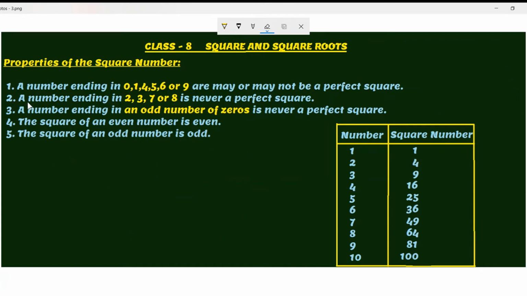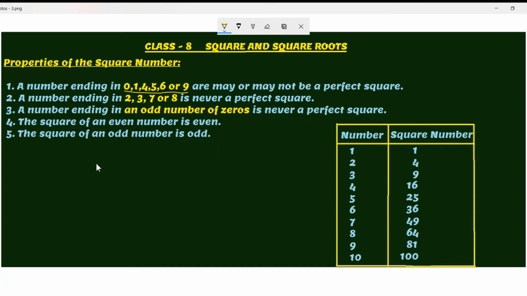The second property is that a square number never ends with any of these numbers. Already we have concluded that square numbers end with these digits only. So we can say the square number never ends with 2, 3, 7 or 8.